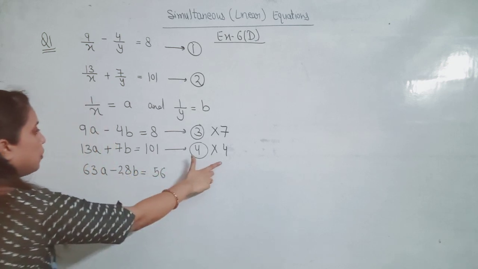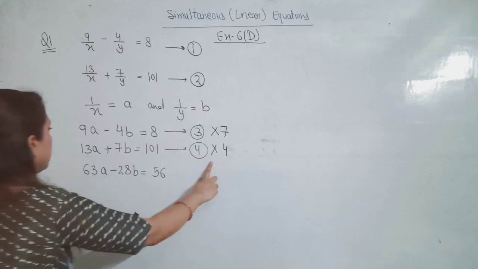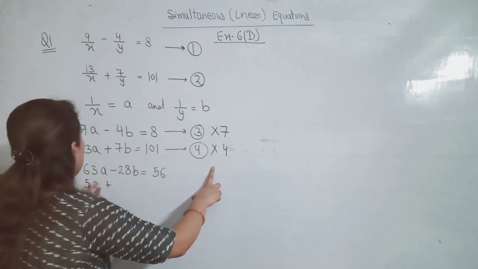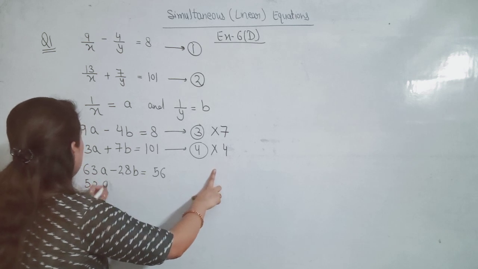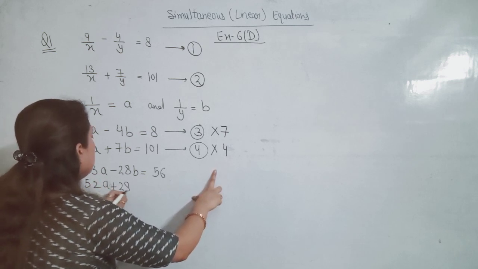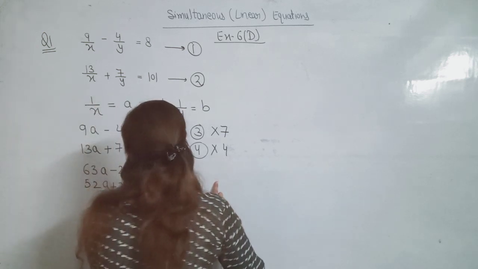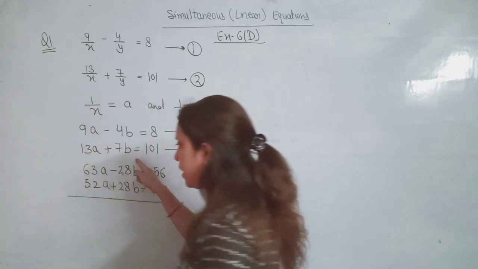In equation 4, when we multiply by 4, 13 into 4 is 52, so 52a plus 28b is equal to 404.